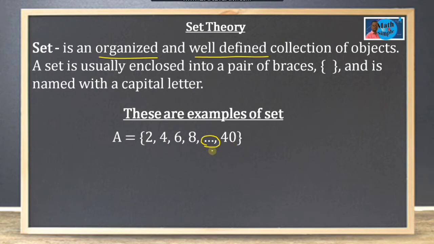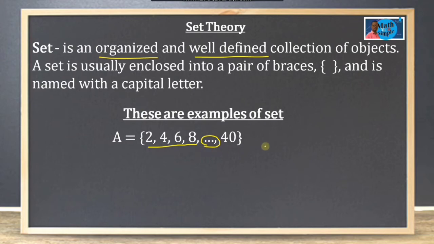But how do I identify those members? We look at the beginning part of the set. The sequence at the beginning, 2, 4, 6, 8, tells you that these are even numbers. So it means that order continues in between 8 and 40.